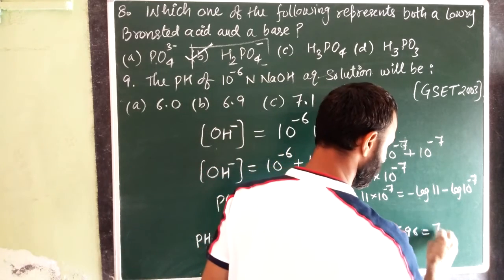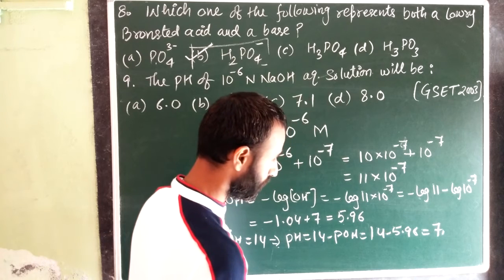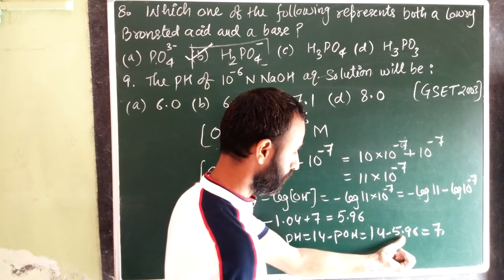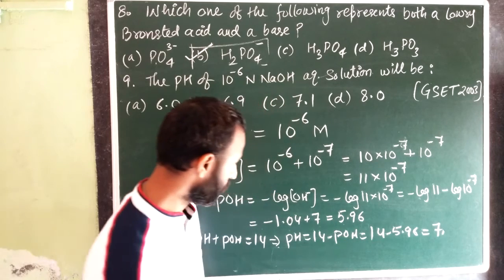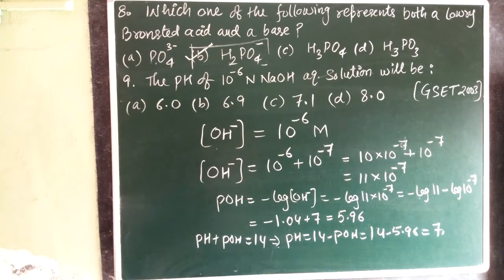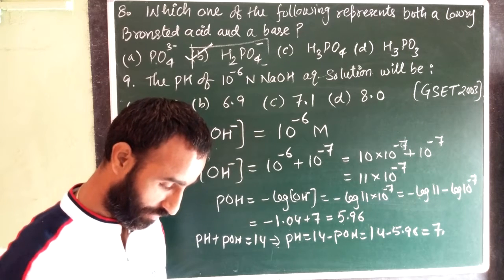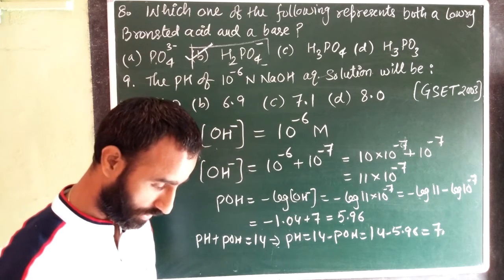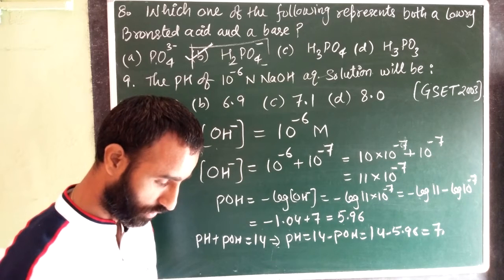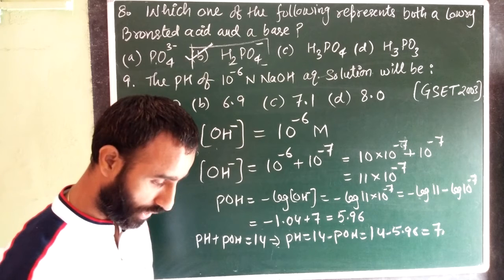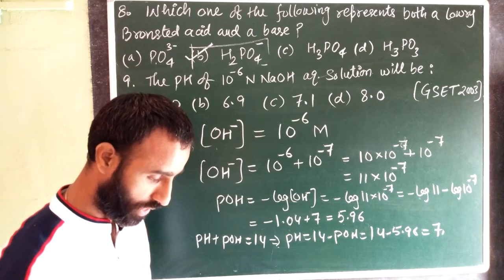It is 5.96. So I will calculate it: 14 minus 5.96.